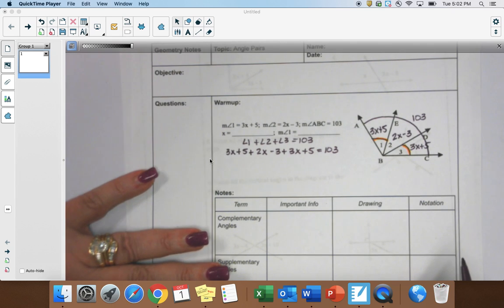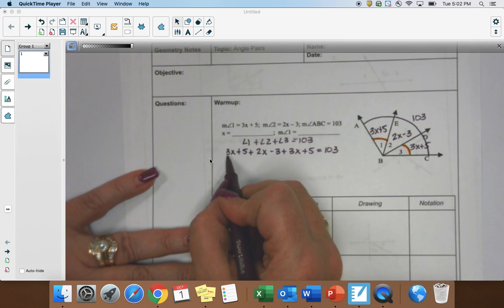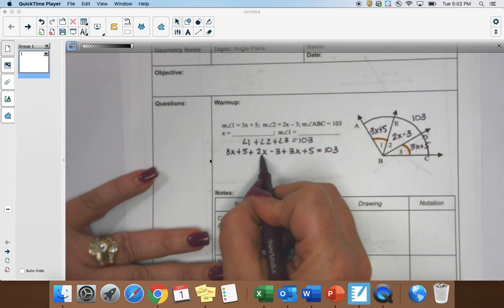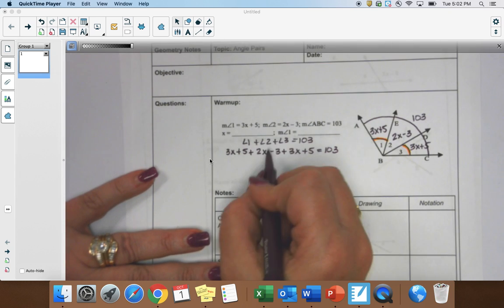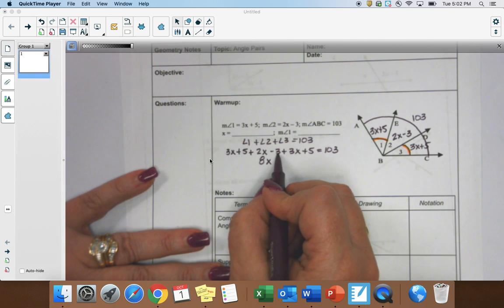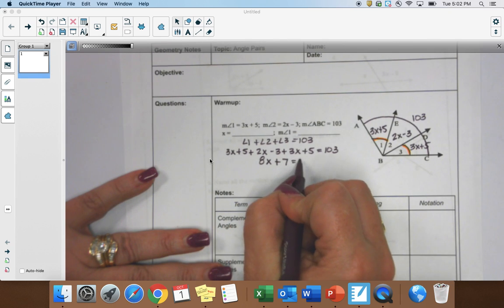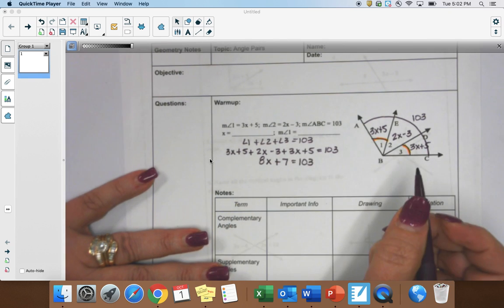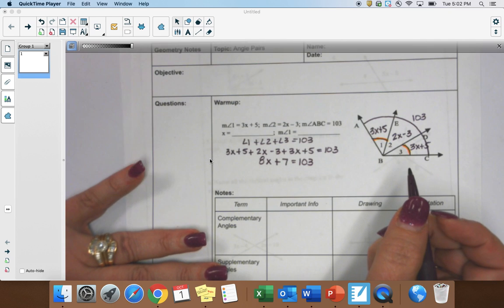You would collect all your like terms on the left side. So 3x plus 2x is 5x plus 3x is 8x. Then we have 5 minus 3, which is 2, plus 5, which is 7. We get 8x plus 7 equals 103.